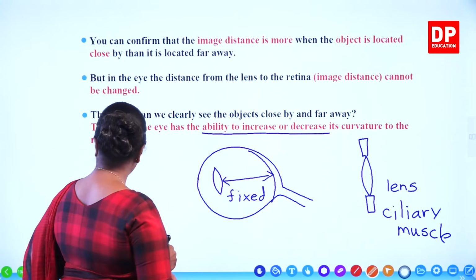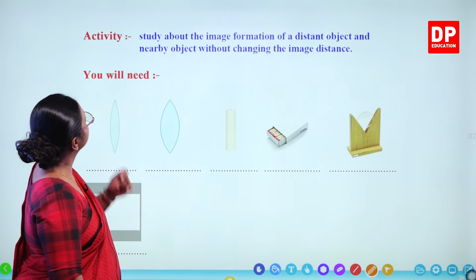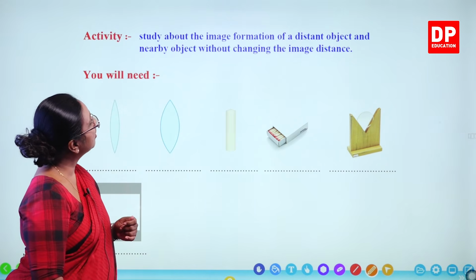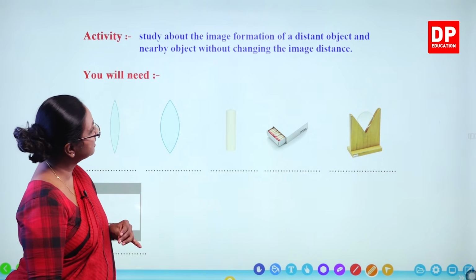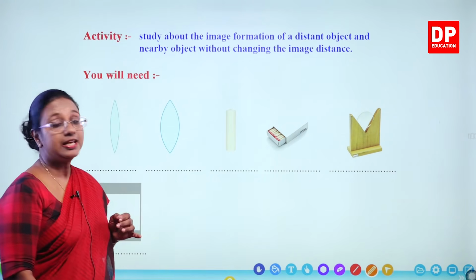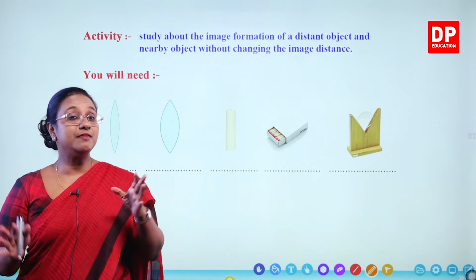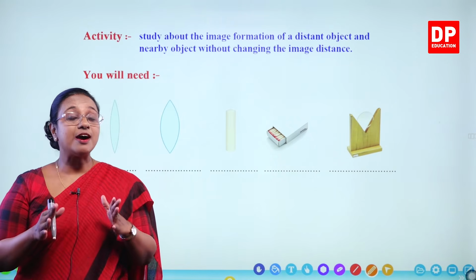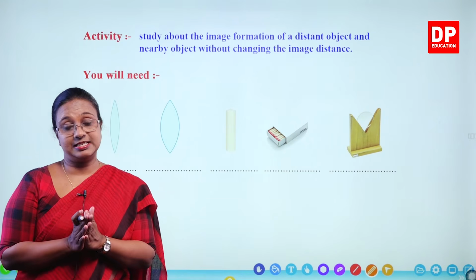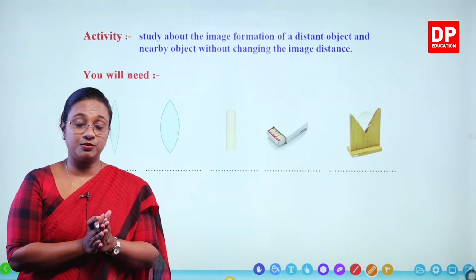To understand that, we will look at an activity. Activity: study the image formation of a distant object and a nearby object without changing the image distance. Previously, students, you can remember we looked at the activity where we changed the distance. You all know for a far away object, the image forms closer.